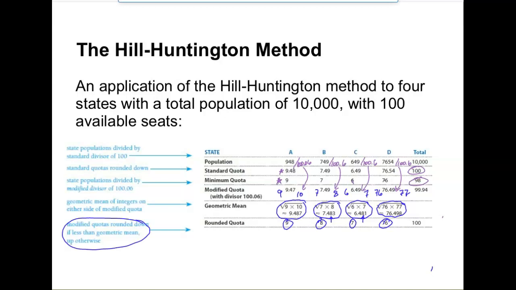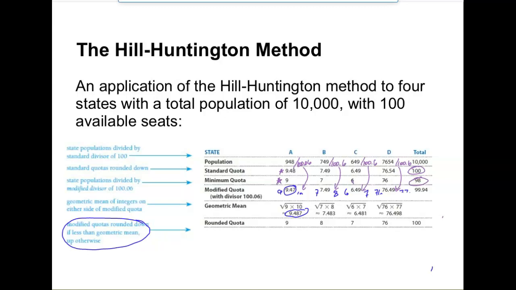So modified quotas are rounded down if they are less than the geometric mean and rounded up otherwise. All right, that's right. This one's really obnoxious. So we compare this number to the modified quota. If the modified quota is less than the geometric mean, it gets rounded down.